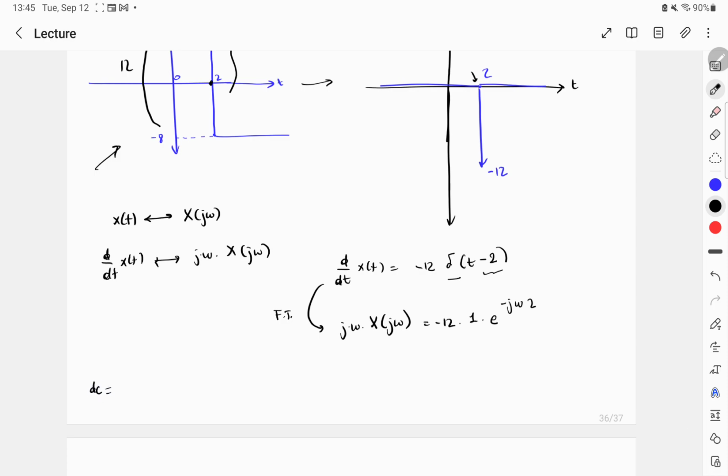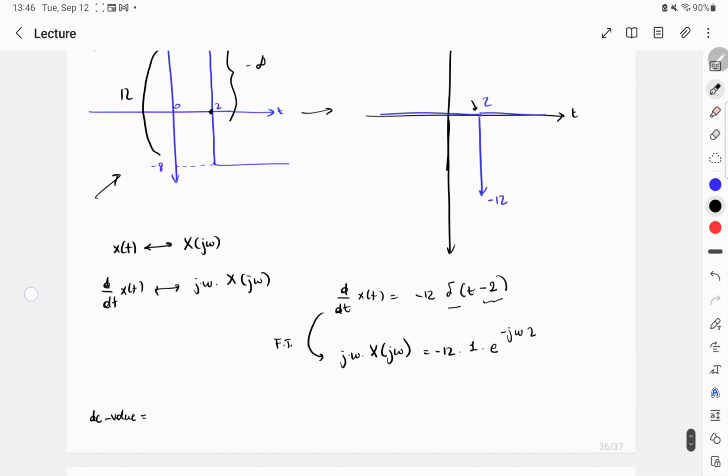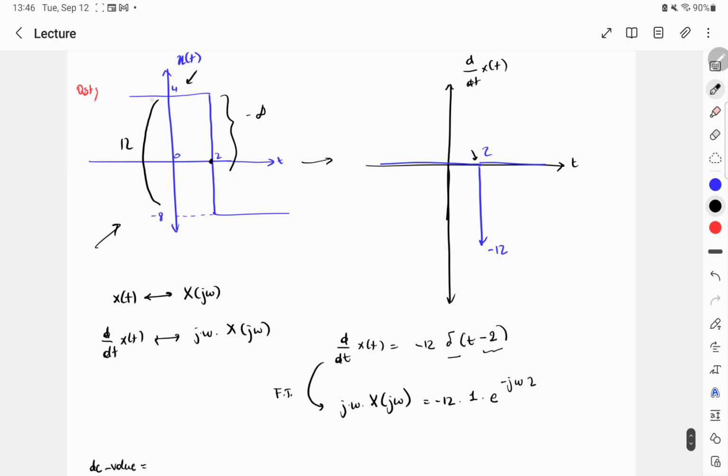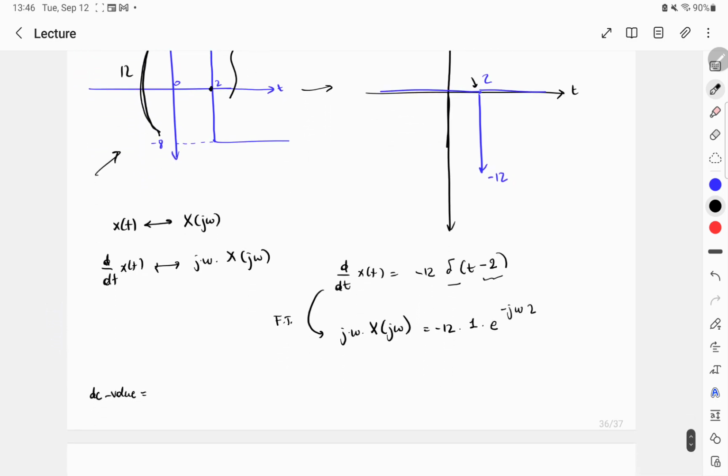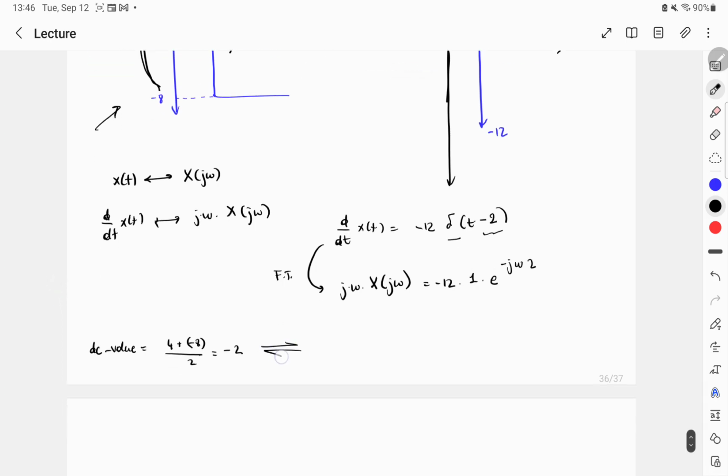And how do we calculate the DC value? It is the average of these two portions, which is 4 plus minus 8 over 2 equals minus 2. Now let me calculate the Fourier transform of this value.